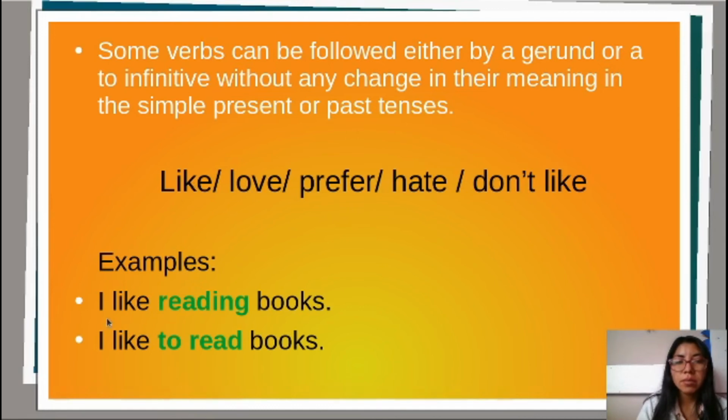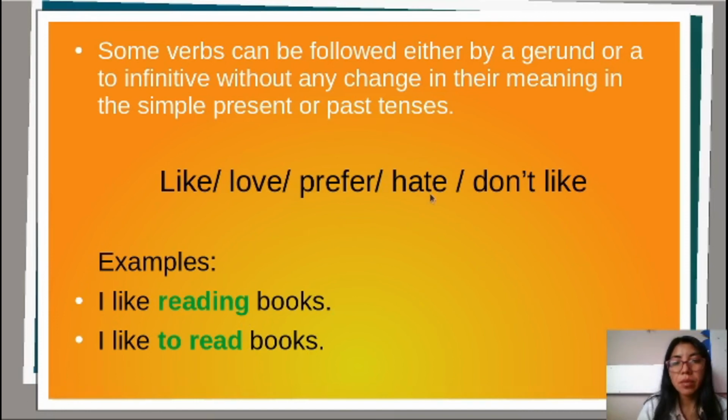Okay, it means I can say I like reading books, or I like to read books. For example, with the verb love, I love reading books, or I love to read books. That is the same with the other verbs.